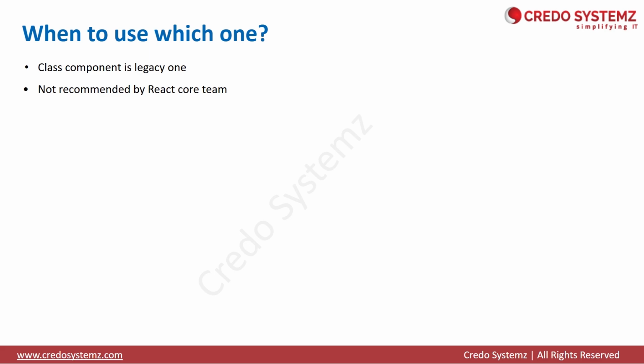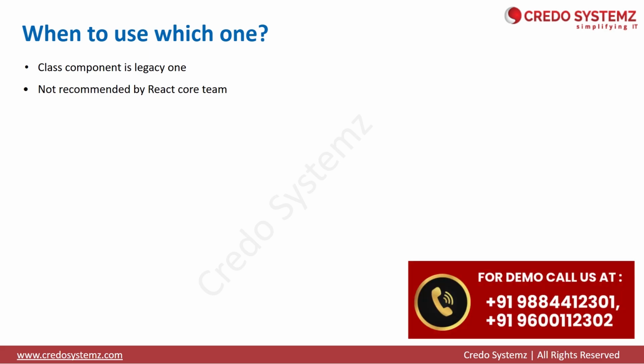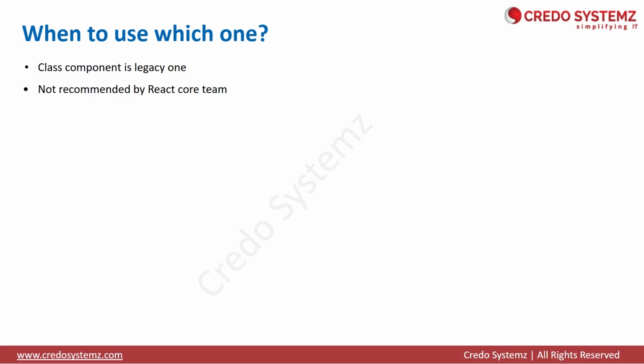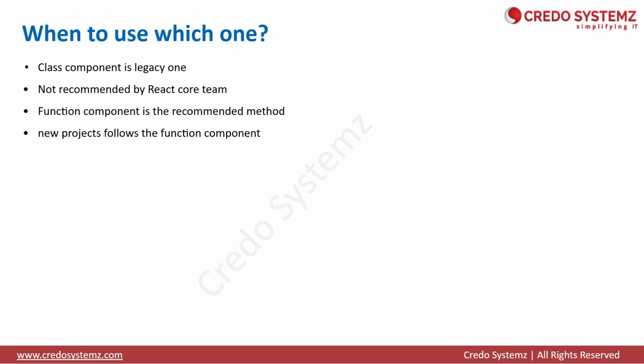So everywhere you go, we will be using function components only, because they are lighter, fast, and have better performance compared to class components. Class component is legacy and available only in older projects. Function component is the recommended way, and all new projects follow function components.